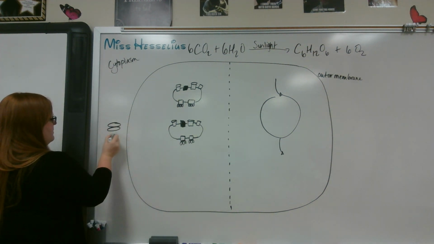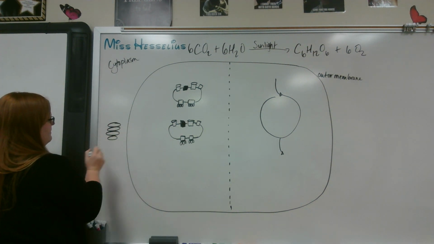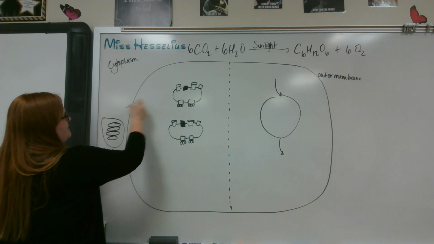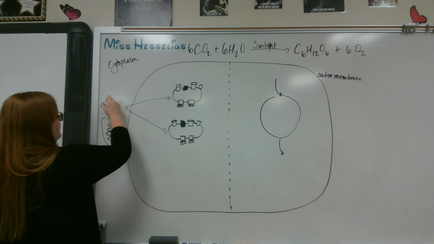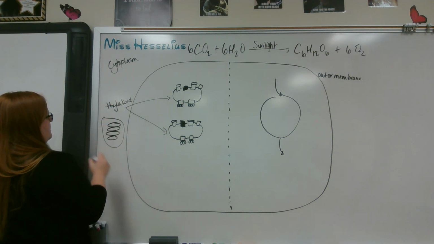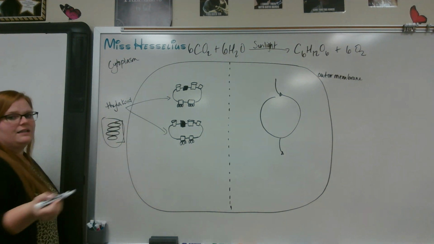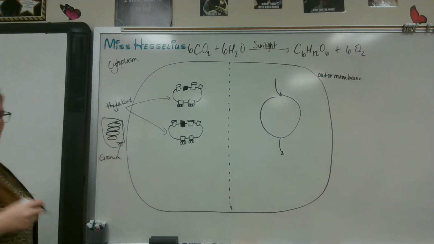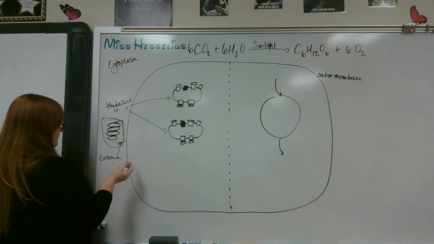So you might have seen them like this inside of a chloroplast. These are called thylakoids. So this is an individual thylakoid. This whole thing, a stack of thylakoids, is called a granum. More than one stack would be called grana.